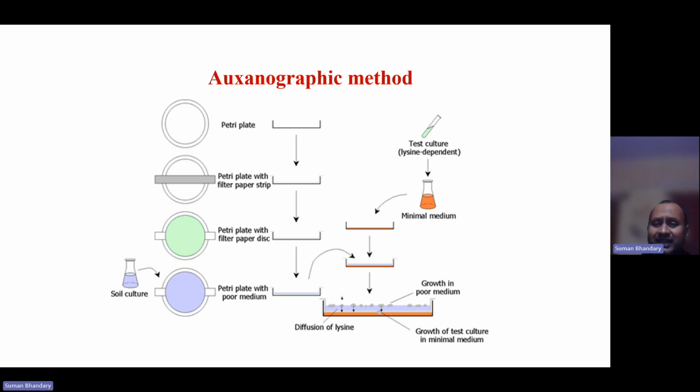Now, in the second step, you have to prepare another culture plate. You have a test culture, and it's a known culture. You know it is lysine auxotroph, which means we have to provide lysine along with the culture medium to grow this particular bacteria.